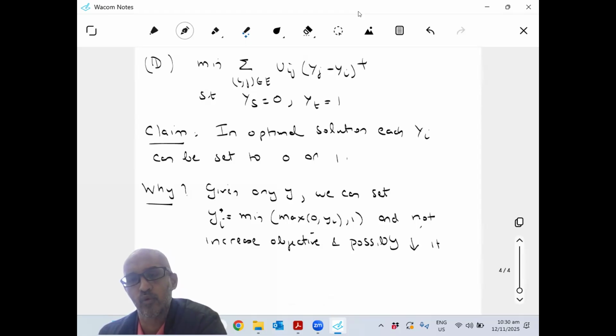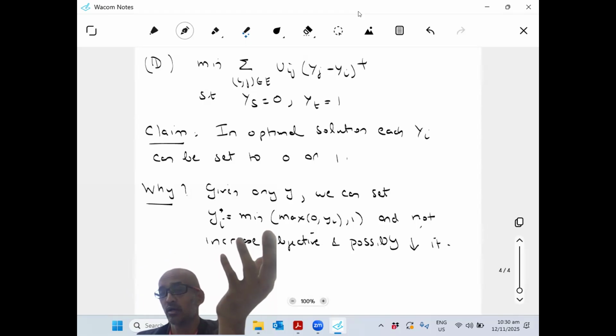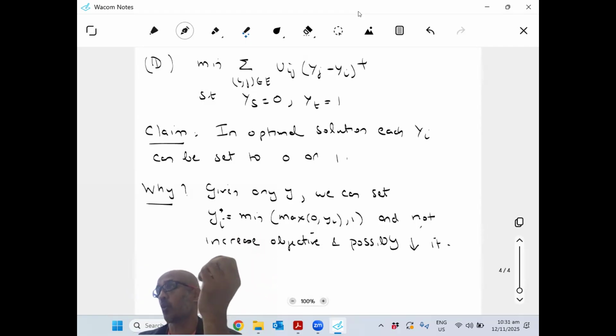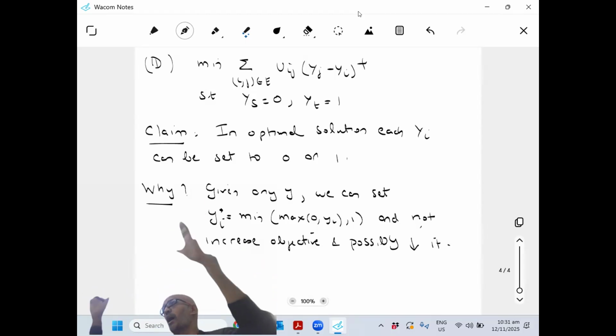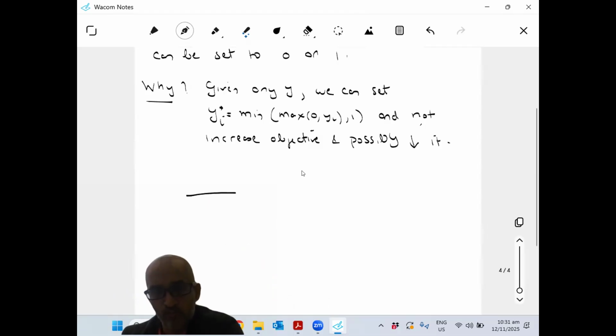So we are trying to minimize. I claim that if I give you any y, where of course ys is 0 and yt is 1, and you transform the y's in the following way, all this is doing is this: suppose yi is some number greater than 1.